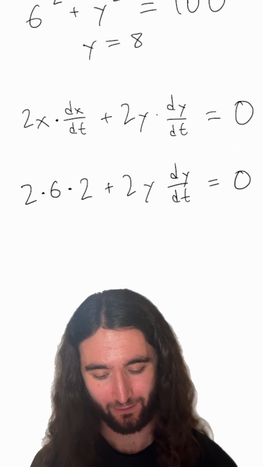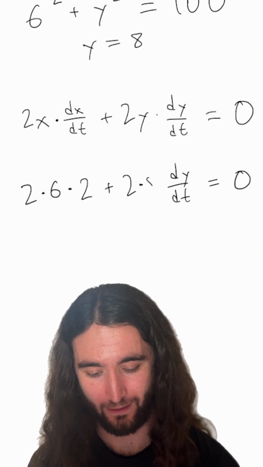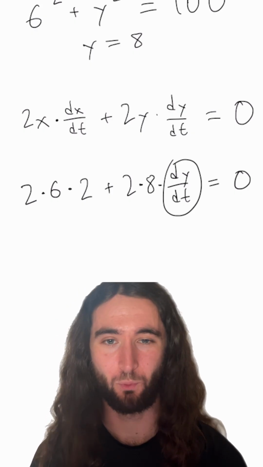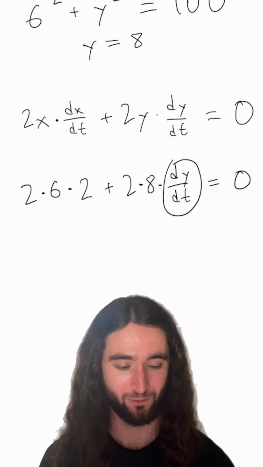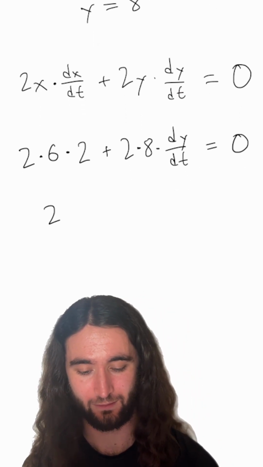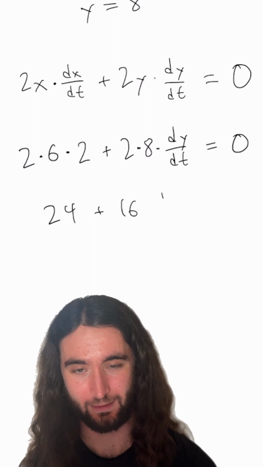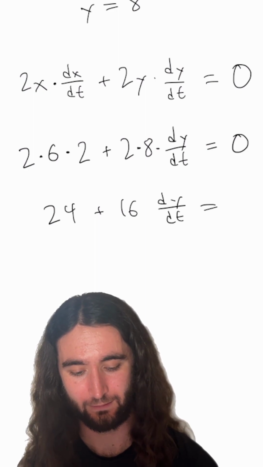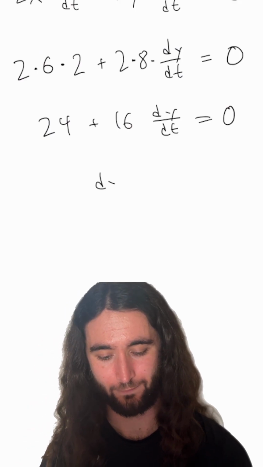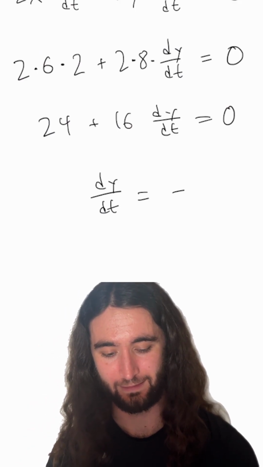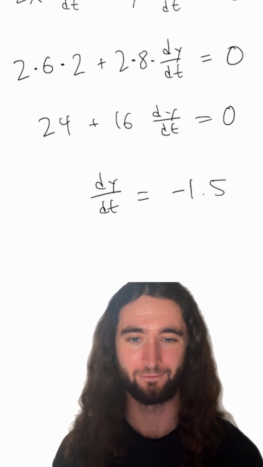So we can fill in that y value with 8, and that means now dy/dt is the only remaining variable in our equation, so we can solve for that. That's going to be 24 plus 16 dy/dt equals 0. And if we solve that, we find out that dy/dt is negative 1.5.